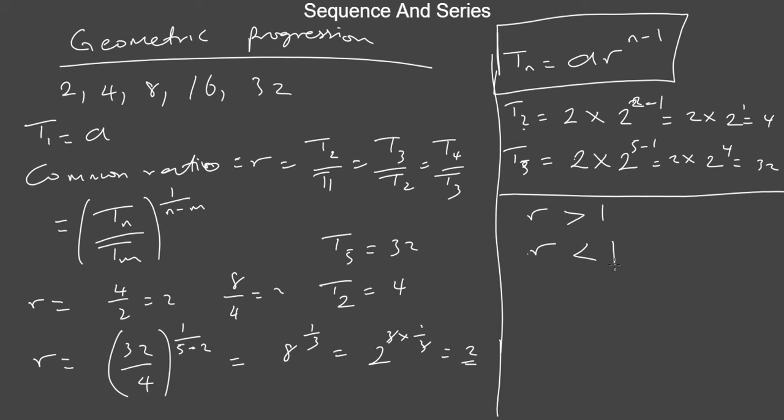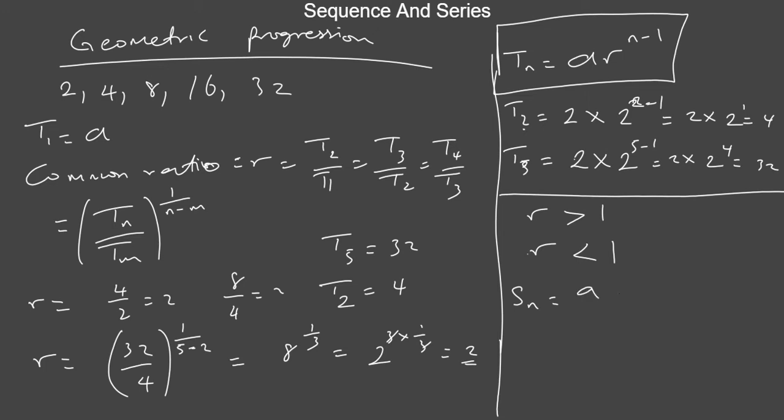So I'm going to present two formulas representing these scenarios. The first scenario is where you have your common ratio greater than 1. What's the formula for that? The sum of a geometric progression where you have r greater than 1 is as follows.